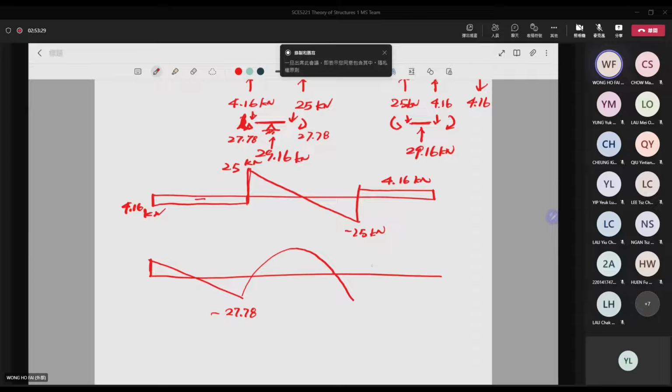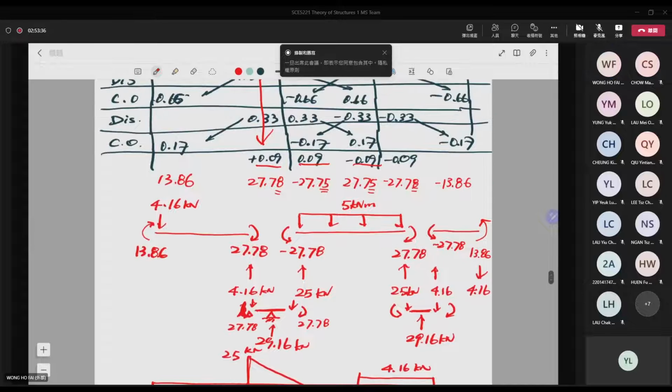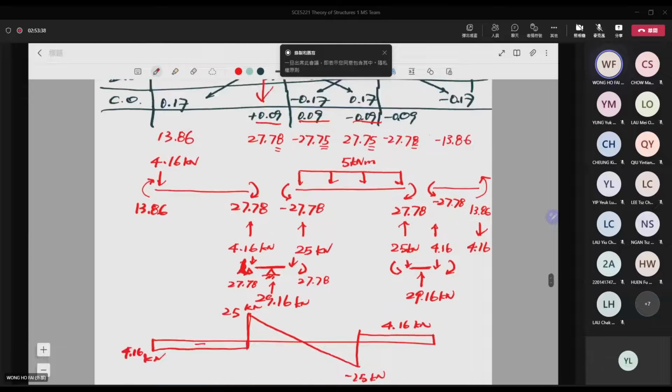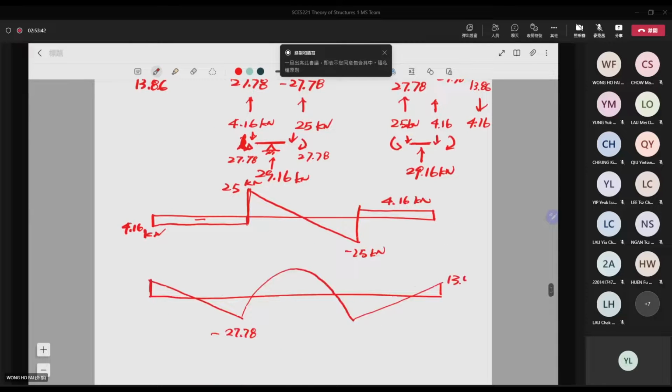And then finally you will go up and you will have a moment equal to 13.86 here. Do you agree?